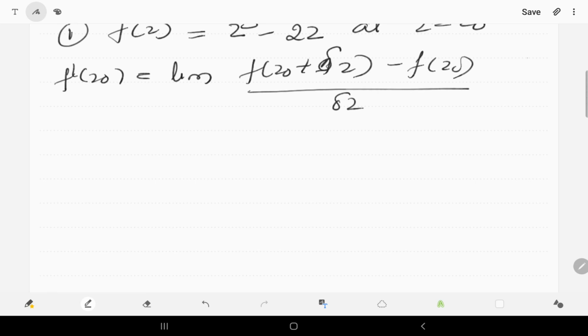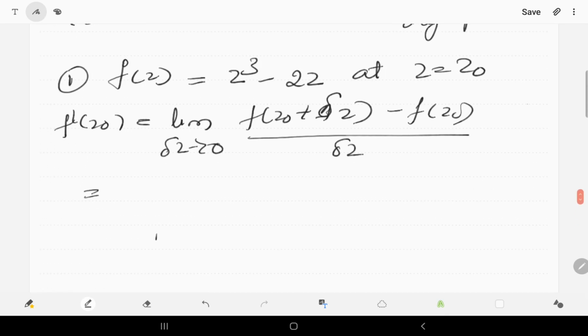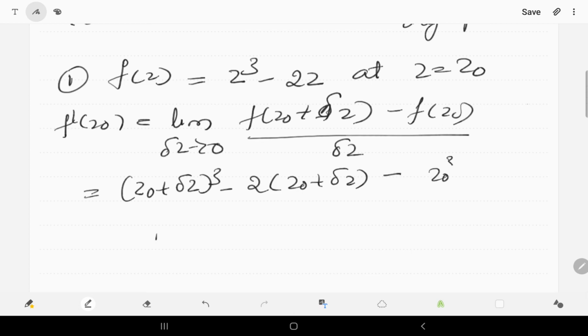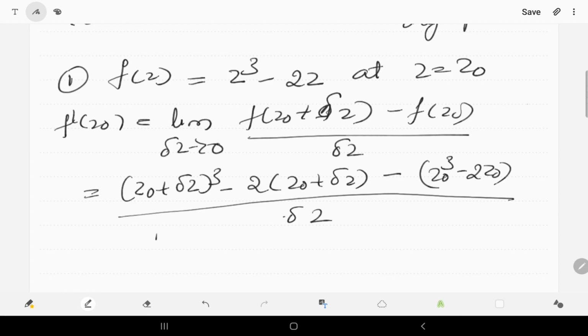Here also delta z tends to 0. Now we know the function f of z. In place of z you have to put z naught plus delta z here, and here z naught. That is equal to (z naught plus delta z) whole cube minus 2 into (z naught plus delta z) minus f of z naught, that is z naught cube minus 2z naught, whole divided by delta z.